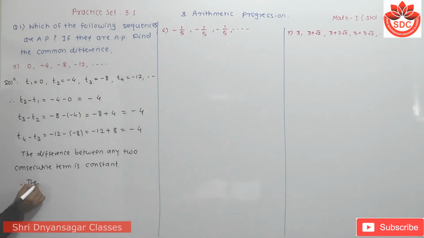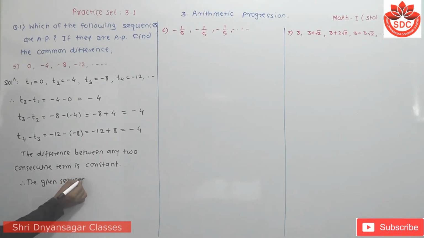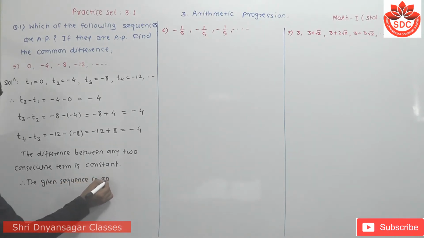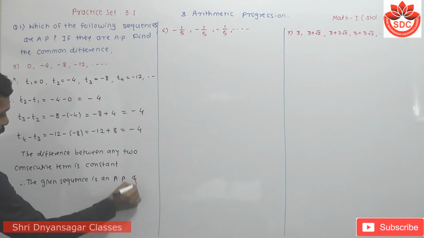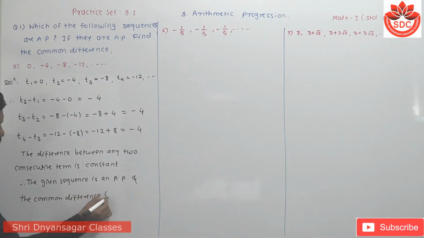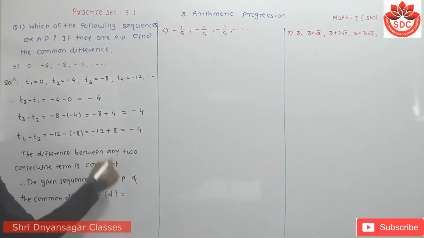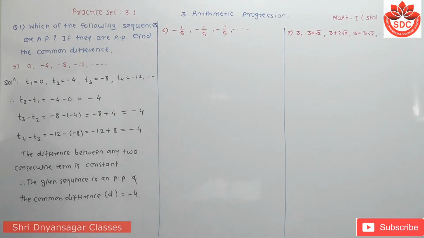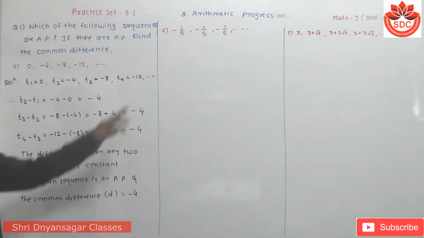Therefore, the given sequence is an AP, and the common difference D is equal to how much? Minus 4. Okay, we take the next one, question number 6.